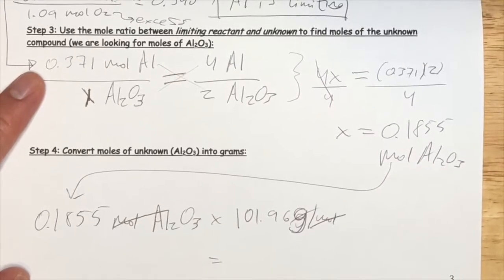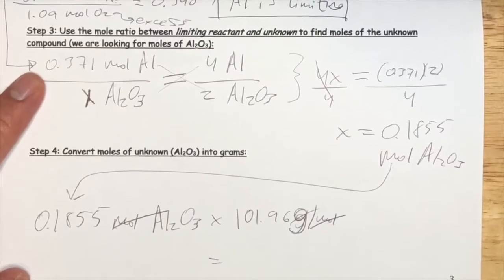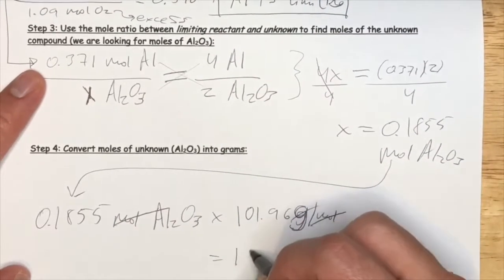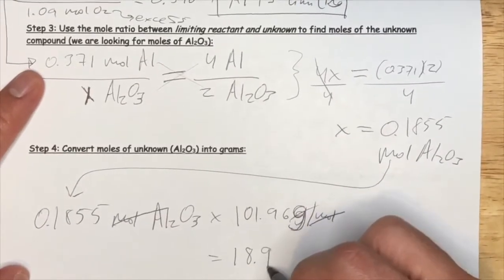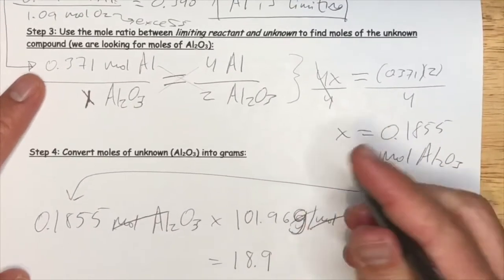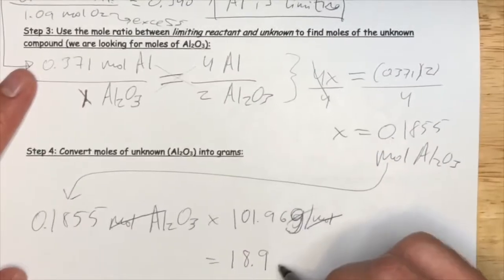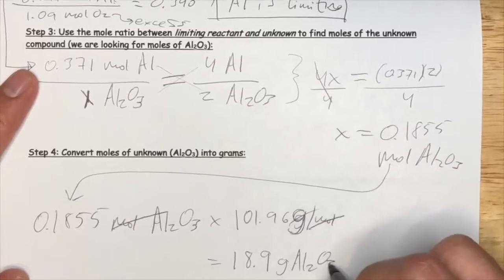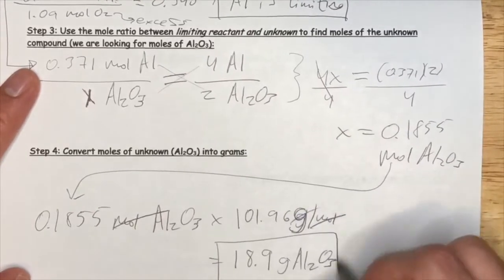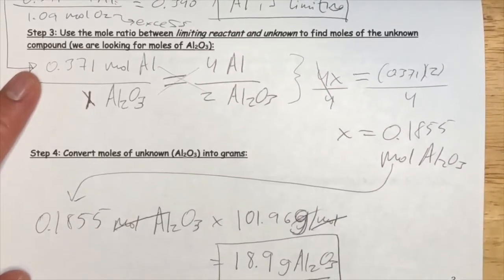So we get 18.9 as our final answer. That's going to be in grams of aluminum oxide. Awesome.